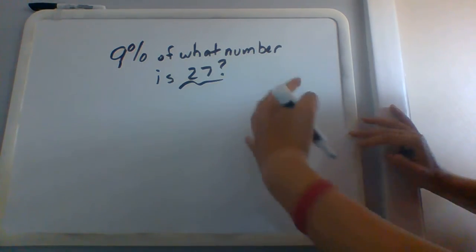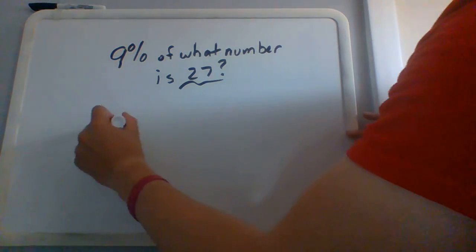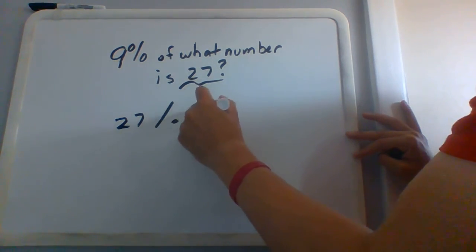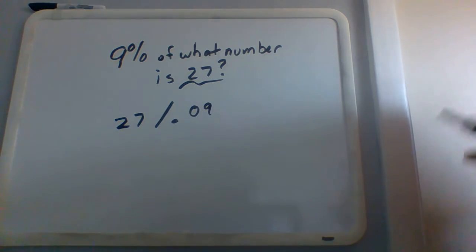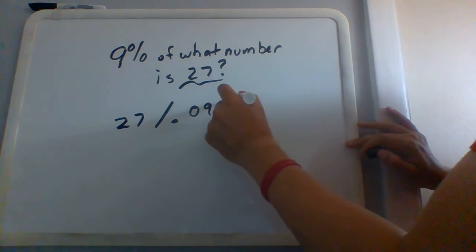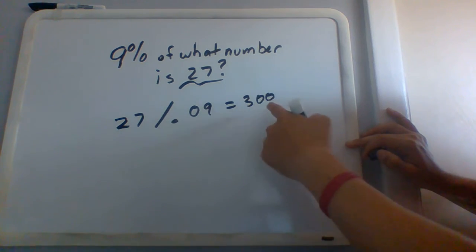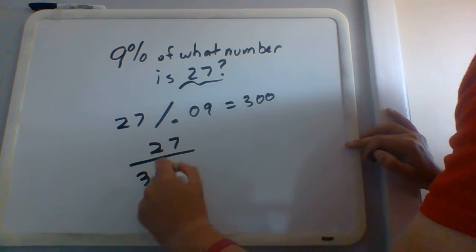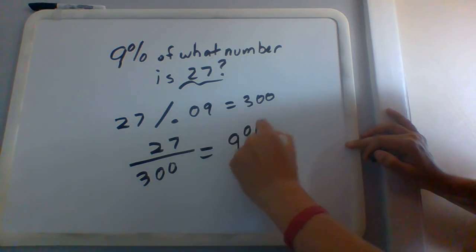To get the whole that we need, you're going to take your number of 27 and divide it by 0.09, not 0.9, because with 0.9 the calculator is going to read it as 90%. So 27 divided by 0.09 is going to give me an answer of 300, which means 27 out of 300 equals 9%.